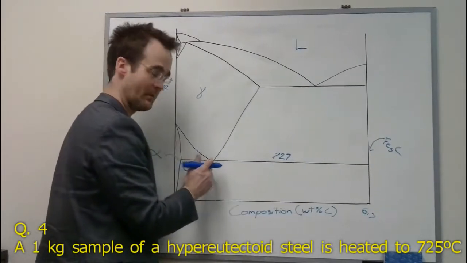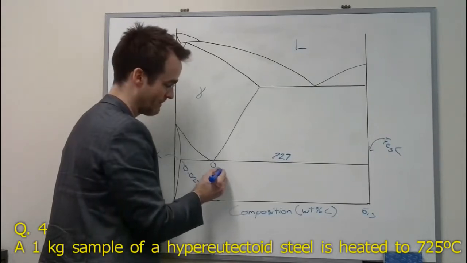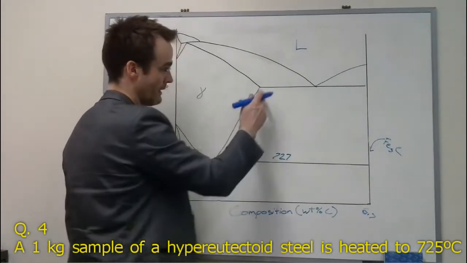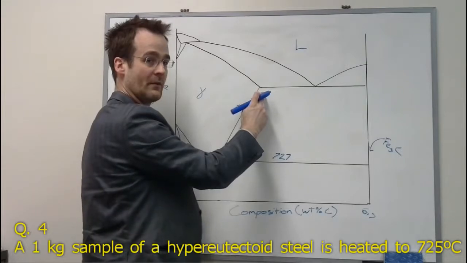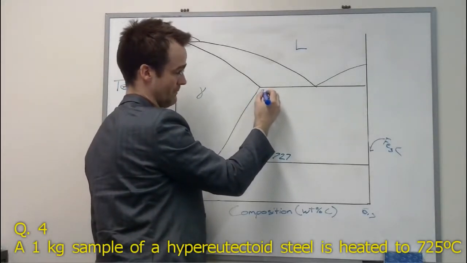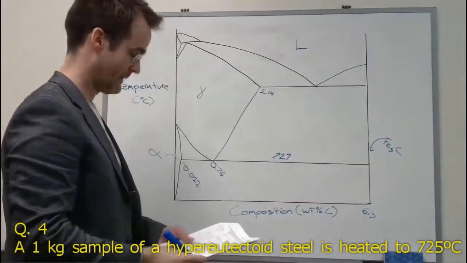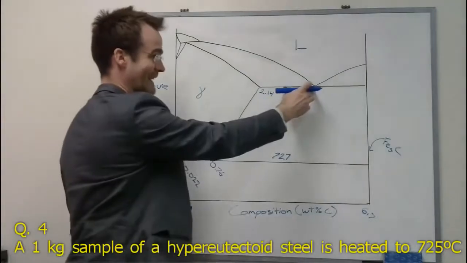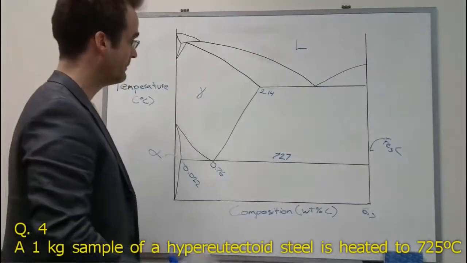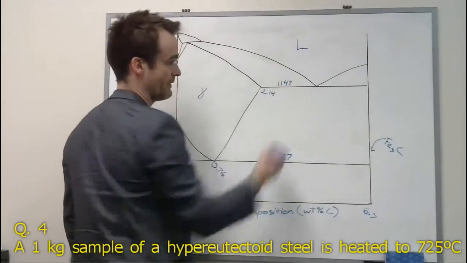The eutectoid composition itself is at 0.76. And the maximum solubility of carbon in the gamma phase is 2.14 weight percent carbon. And that occurs at the eutectic temperature, which is 1147 degrees C.